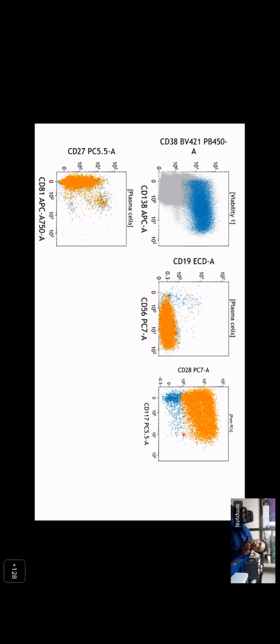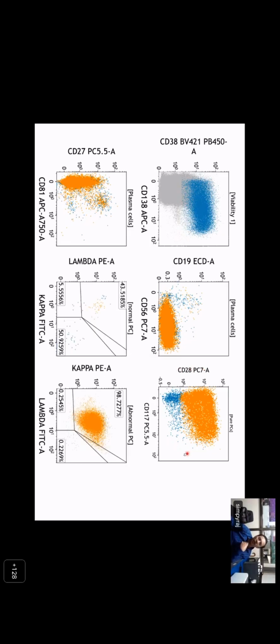Also, there is aberrant expression of CD117 and aberrant expression of CD28. Okay, and we have done cytoplasmic, that is intracellular, light chain evaluation, and you can see in this patient there is a lot of kappa light chain expression. So these plasma cells showed clonality by showing the restriction. Almost 99% of plasma cells show kappa restriction, and very few plasma cells had lambda.